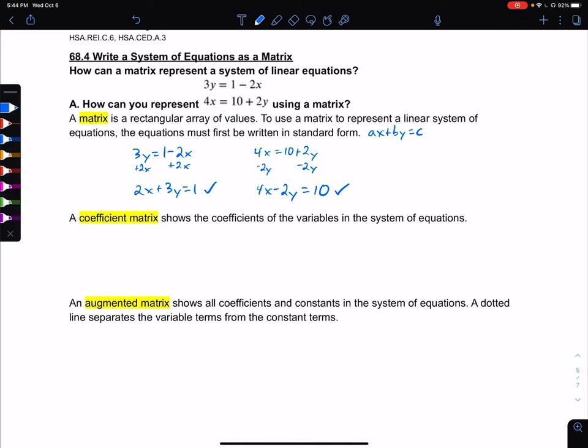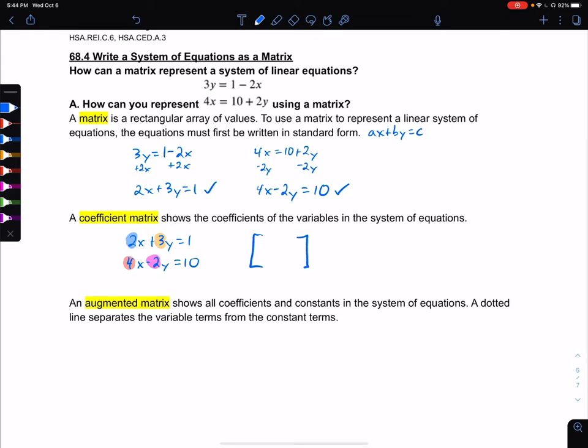So in this case, I have the equations 2x plus 3y equals 1 and 4x minus 2y equals 10. In a coefficient matrix, all we're concerned with are the coefficients. That's why it's called a coefficient matrix. So we have these four numbers here.